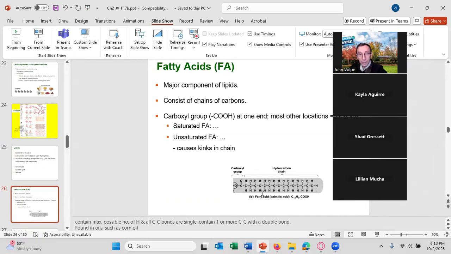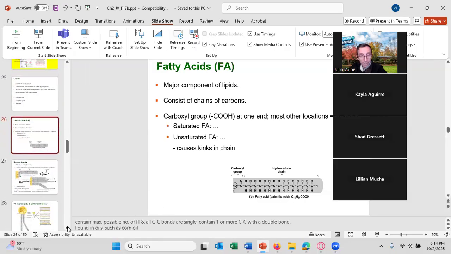You can have a saturated fatty acid, where all of the carbon-carbon linkings are by one covalent bond between the carbons. And you can have an unsaturated fatty acid, where there is at least one carbon-carbon bond with two links, meaning there are two covalent bonds between those carbons. Let me show you an example of that in the next slide.